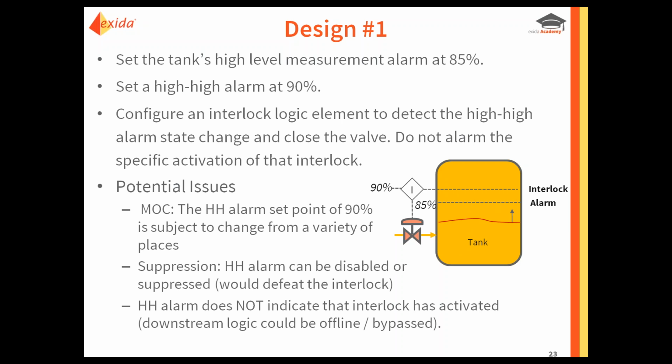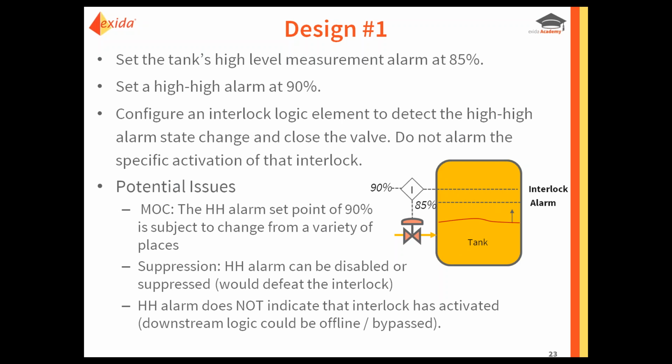Well, there are several. First, from a management of change point of view, the high-high alarm, which is set at 90%, is not only the alarm limit, it's also the trip limit effectively. So if the operator has the ability to change that alarm set point from the operator interface, from a faceplate, for example, they would effectively be changing the trip point of an interlock, which could be quite dangerous.